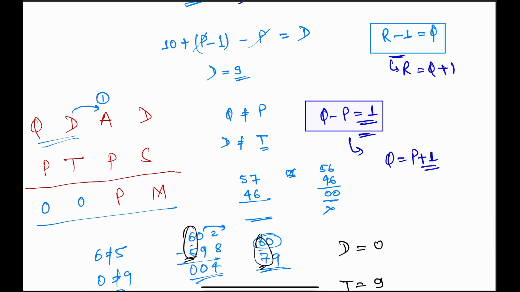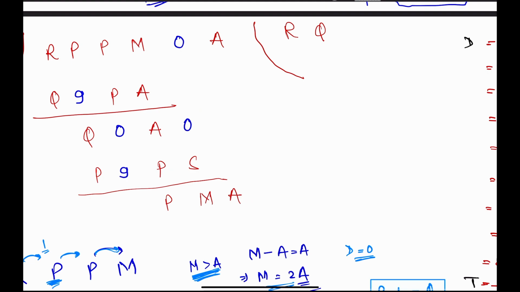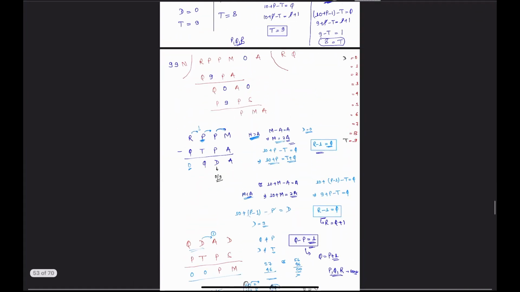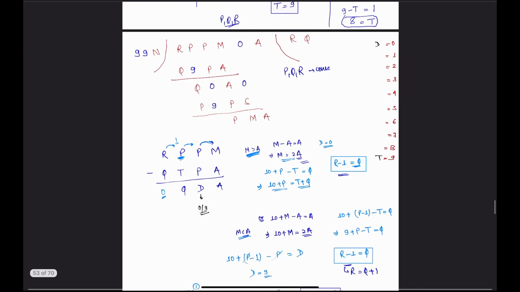So can we say that P, Q and R are consecutive, because P plus 1 is Q, Q plus 1 is R. So P, Q, R, they are consecutive. This much we found.